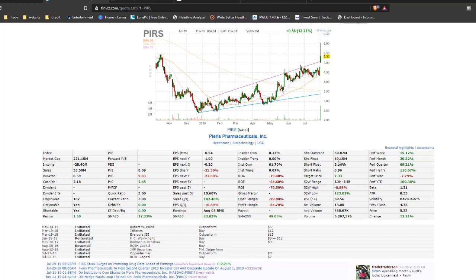So that means the shares available for the public to buy and sell is 49.15 million, and the short of the float is 3.94%. So out of the 49 or 50 million, 3.94% is held by short sellers. That means there are people betting that the stock is going to go down.